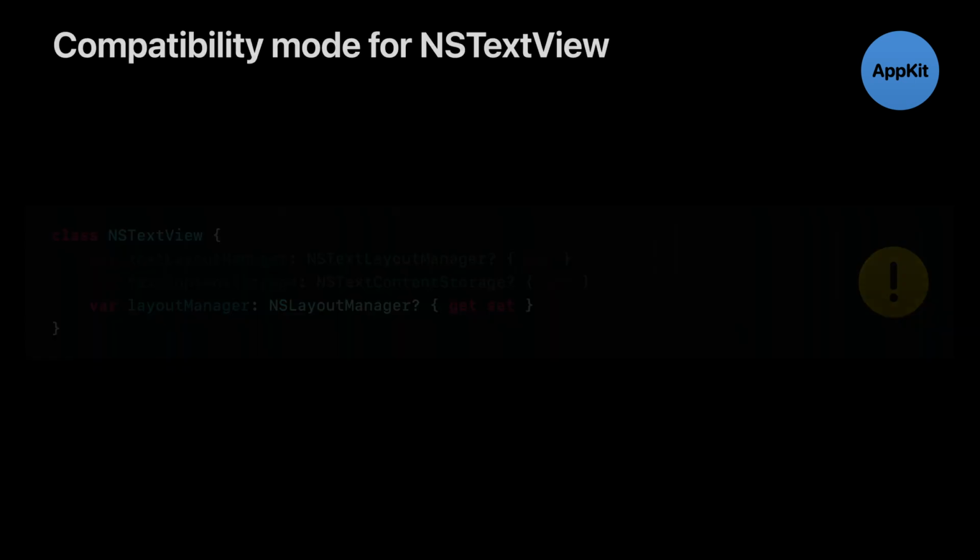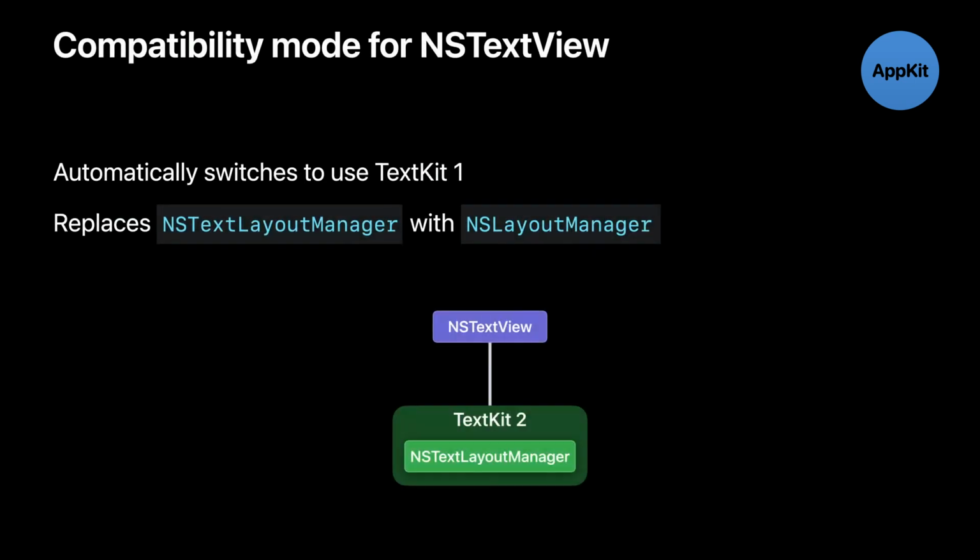So here's the deal. We added a special compatibility mode for NSTextView that switches it to TextKit 1 when needed. The text view can automatically detect whether it needs to use this mode and replace its NSTextLayoutManager with NSLayoutManager. For optimum performance, the text view will remain in compatibility mode from that point forward.